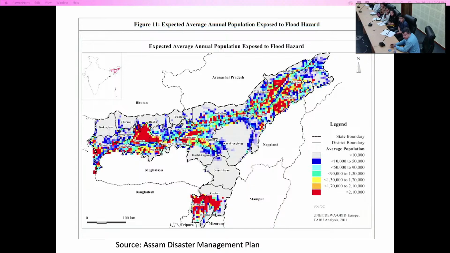These maps give you different zones where you have different population exposed to flood, right. The red ones are the most dangerous ones, where more than 2,10,000 people are exposed at least to flood.